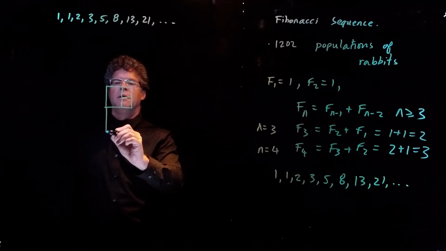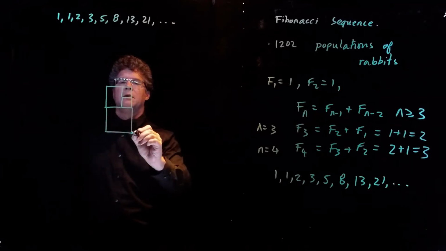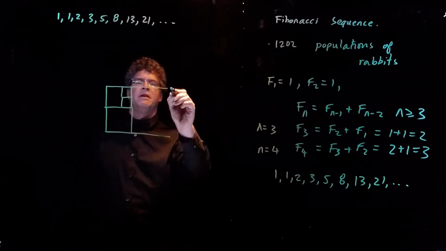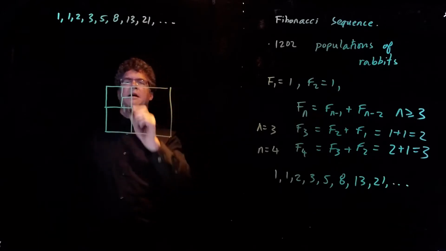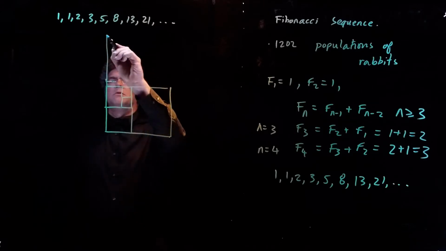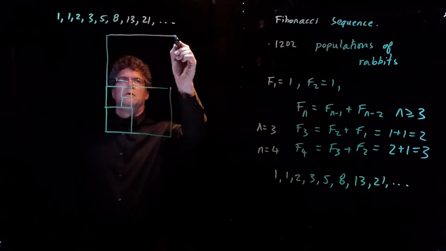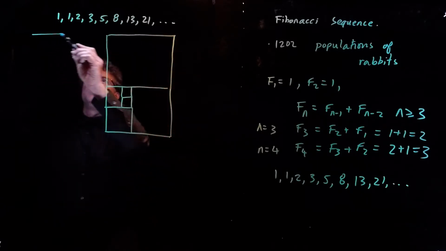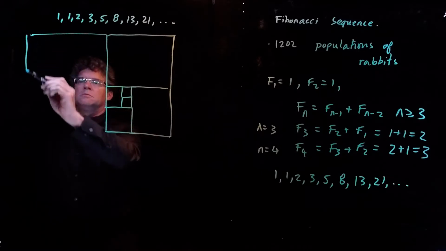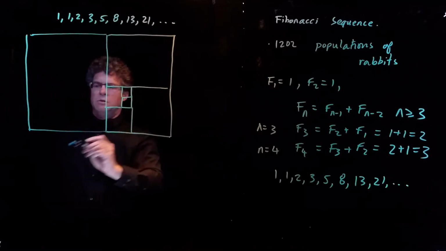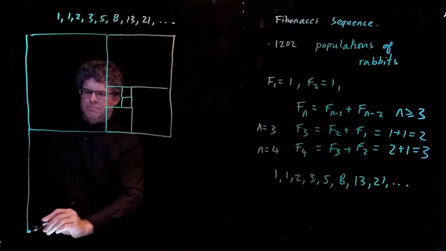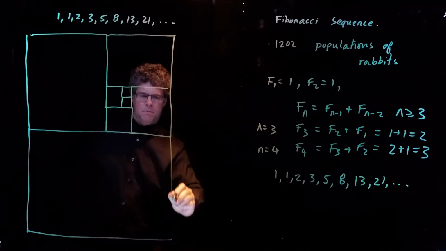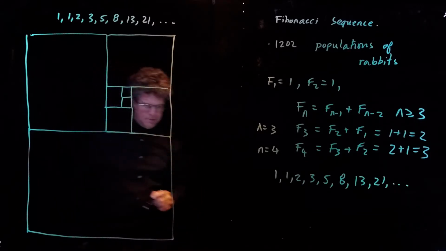And then a 3 by 3 square. The next one is 5 by 5. What comes after that? That's 8. So we'll draw up here 8, and then comes 13. Okay, and now we have 21. Okay, it's kind of a cool pattern.